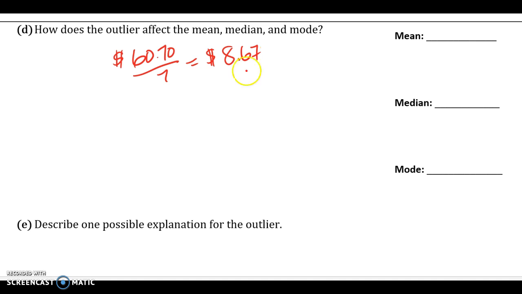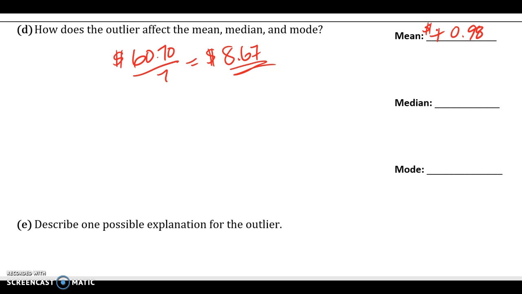By the way, you can see that this number is close to that original median that we said was the best representation of the data. When you subtract that from the original mean, which was $9.65, that is a difference of 98 cents. That's actually quite significant because it's almost $1 more per hour, which would be a significant amount of money.